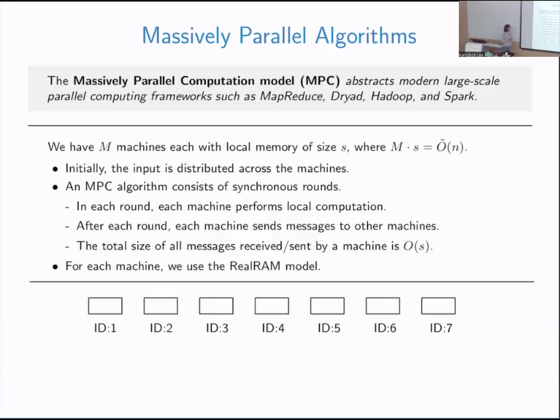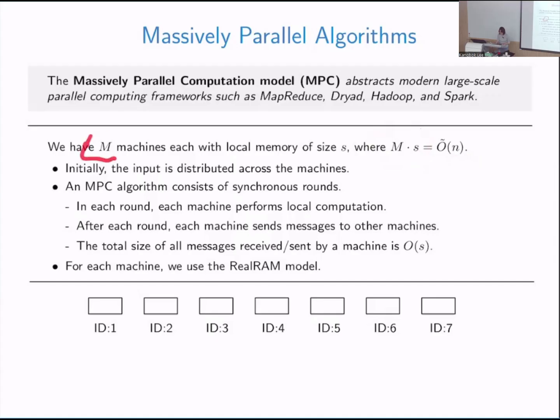Each machine has its local memory, and we use S to denote the size of the local memory. If we have M machines, then the typical setting is that the total space is linear in the input size. If our input consists of n points, then we assume that the total memory space is near linear in n.